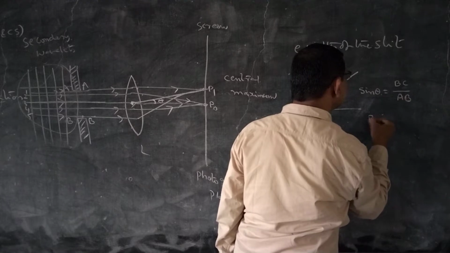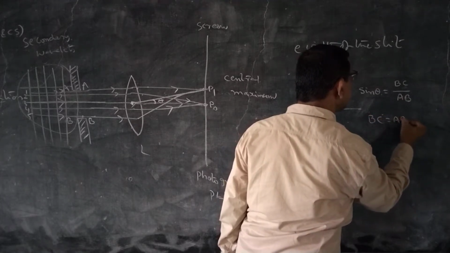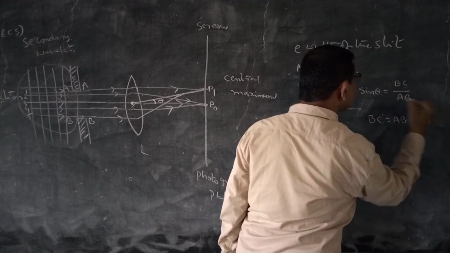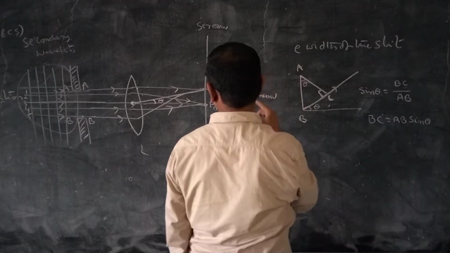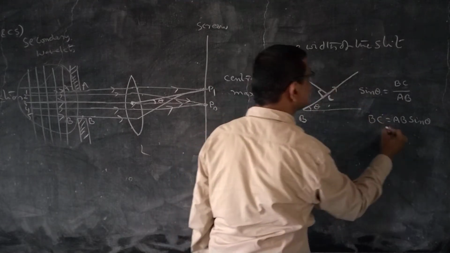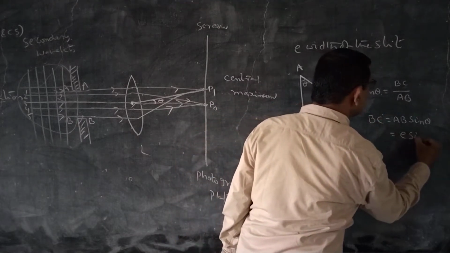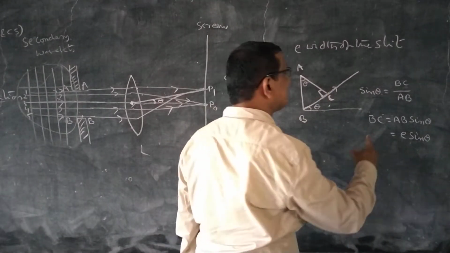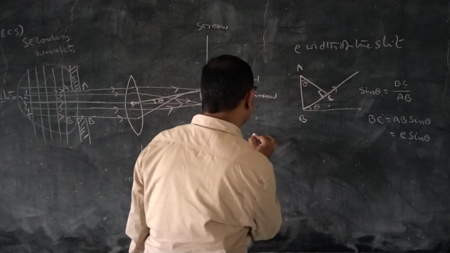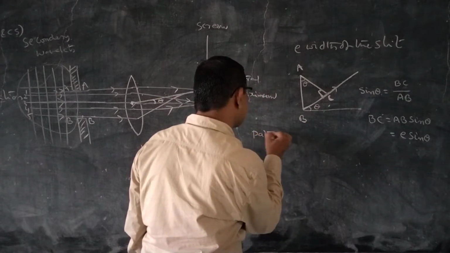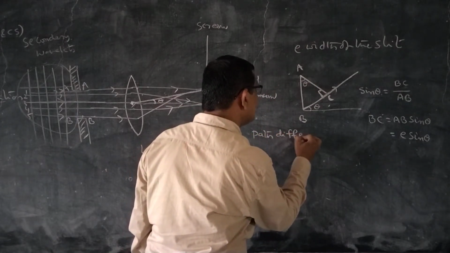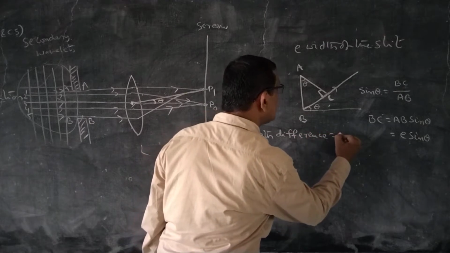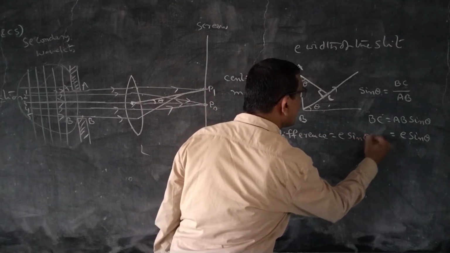Then BC is equal to AB sin theta. Here AB is the width of the slit, which we take as e, so BC is equal to e sin theta. Here the path difference is equal to e sin theta.